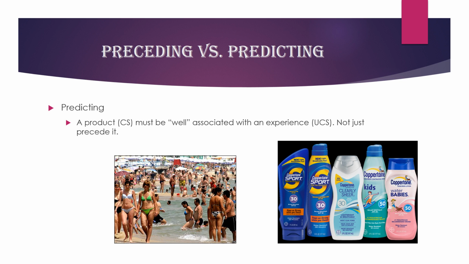And if that's the case, then you've got a better chance of selling the product because people associate the product with whatever the unconditioned stimulus tends to be. The CS and the UCS go together a lot better. Okay, that's the difference between just pairing things up versus really one predicts the other.